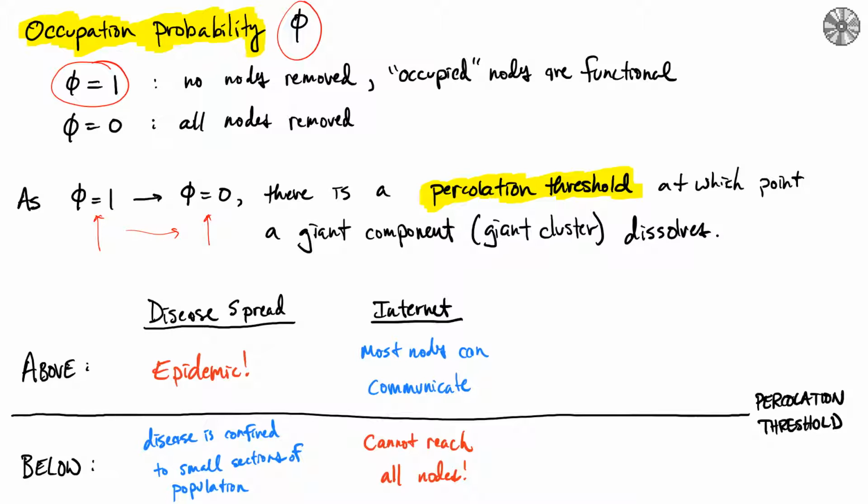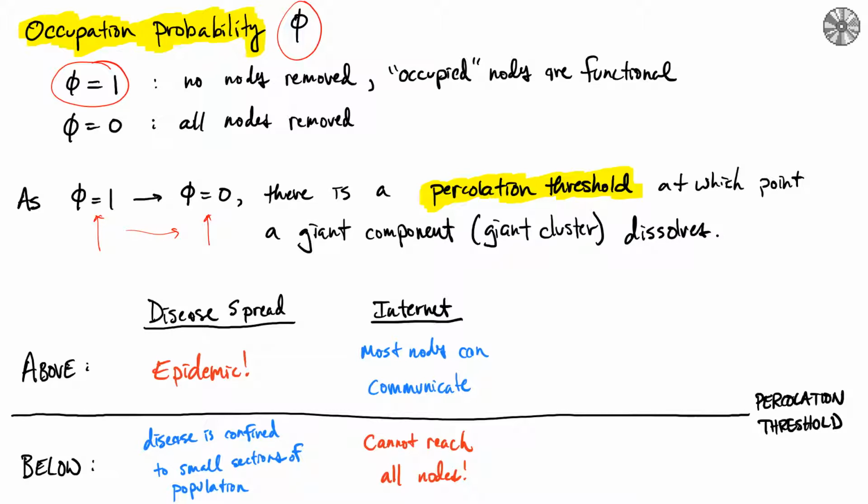What we observe is that, assuming the network started off as a giant chunk, at some point we cross what's called the percolation threshold, at which point we no longer have a giant component. We studied the giant component in the context of Erdos-Renyi graphs, and there, as the probability increased or the average degree increased, all of a sudden the giant component formed.